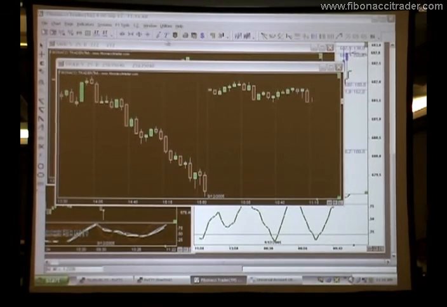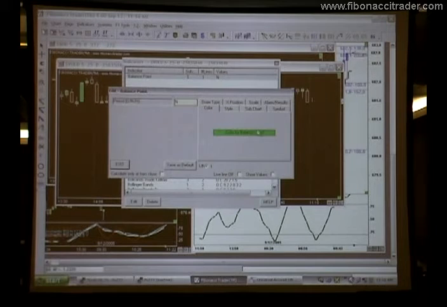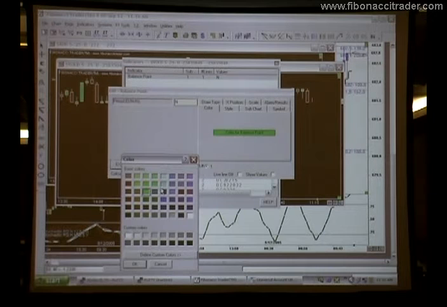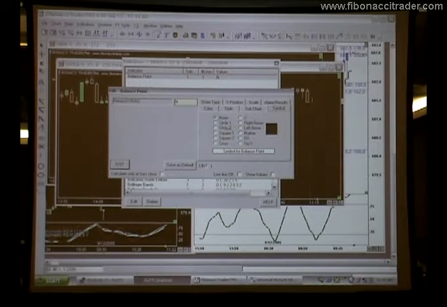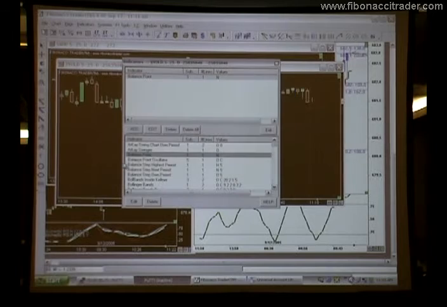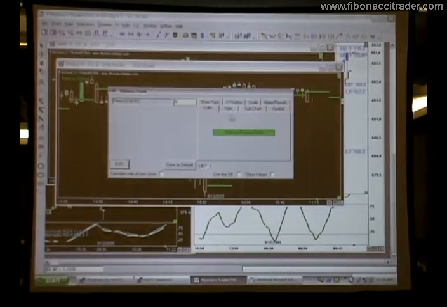And the indicator I want to apply is the balance. Yeah, that's fine. Didn't get it right, did I?